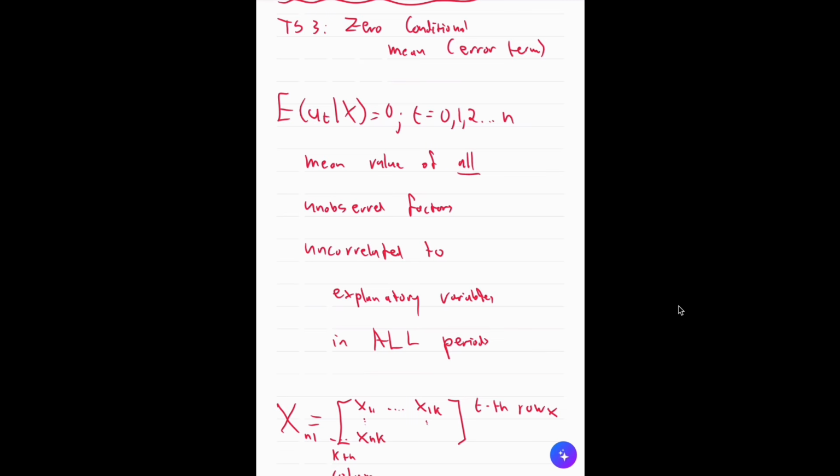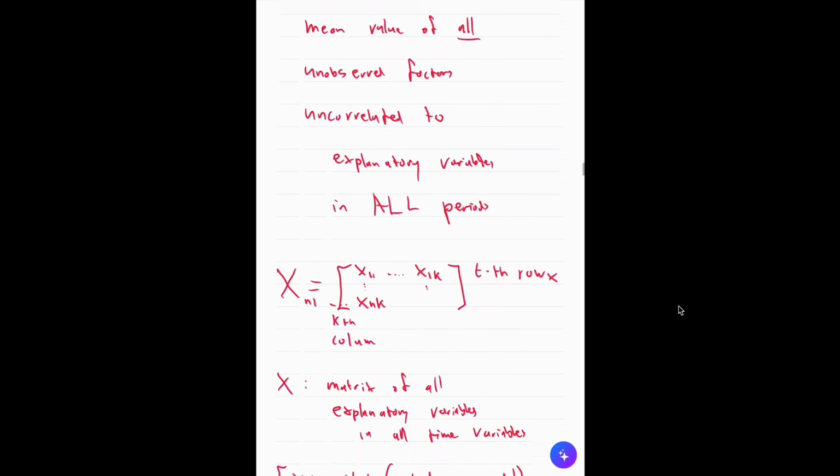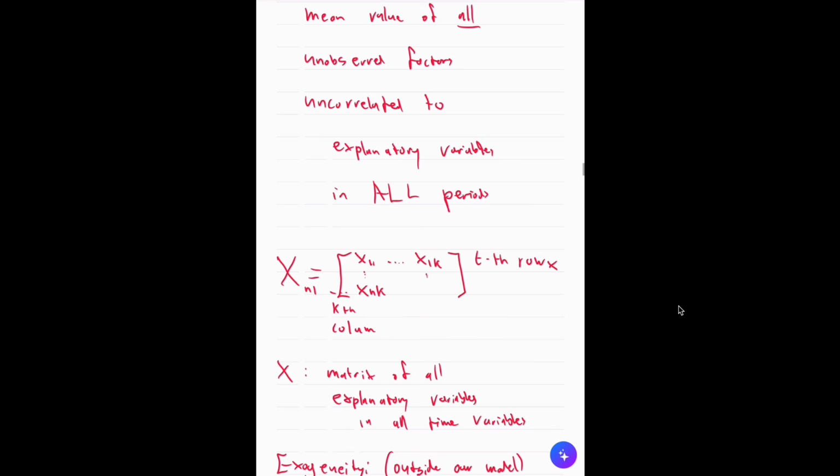So what do I mean by this big X? I basically mean, this is a matrix. It has a t-th row and a k-th column. So it's the matrix of all explanatory variables in all time.